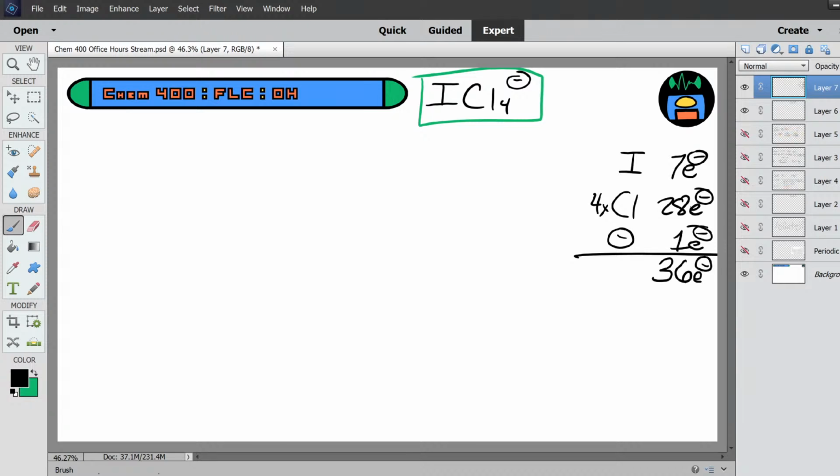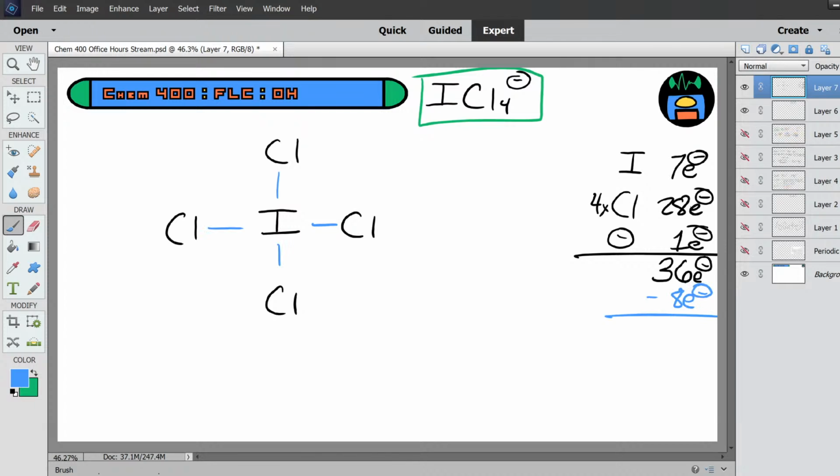Now we're going to select iodine as our central atom, and we're going to attach all of our chlorines: 2, 4, 6, 8. That leaves us with 28 electrons.